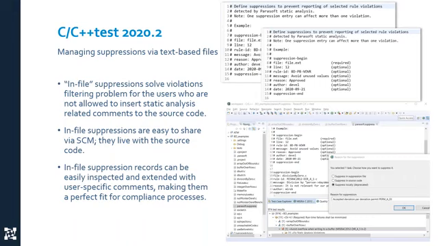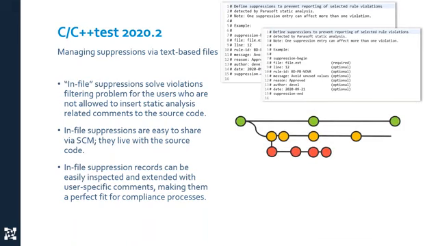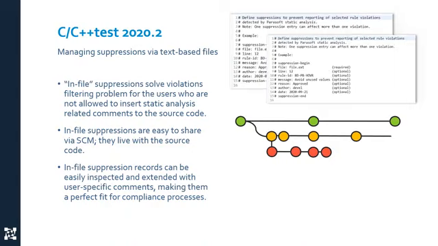And there is no additional configuration required to enable this functionality. Users can add new suppression entries to parasoft.suppress files, either by using a dedicated user interface action or by adding these entries manually, since these are basically plain text files. And suppression files are intended to be stored in source control together with the source code.